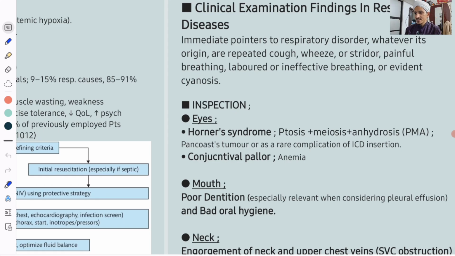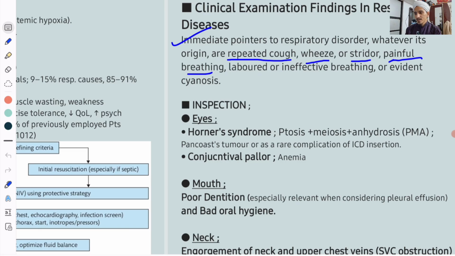Clinical examination findings in respiratory disease. Immediate pointers to respiratory disorder, whatever its origin. So what are the immediate pointers which will tell you that it is a respiratory disorder, whatever the origin of the disorder? Number one is repeated cough. Wheeze is a sign of respiratory disorder. Stridor, upper respiratory or large airway obstruction, is a sign of respiratory disorder. Painful breathing, pleuritic or any painful breathing, is also a sign.